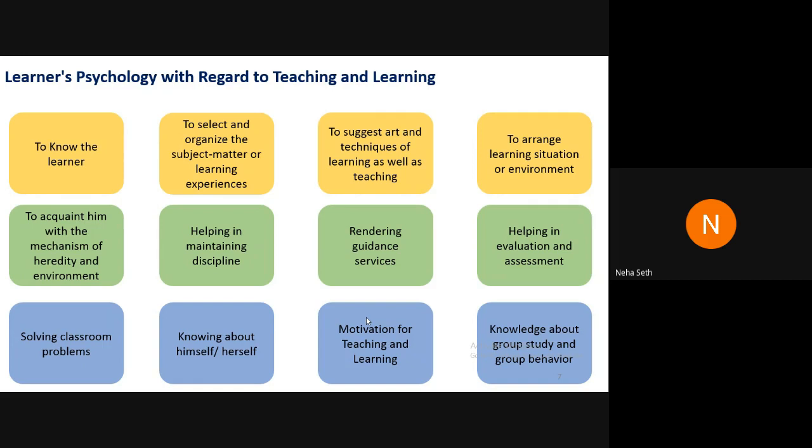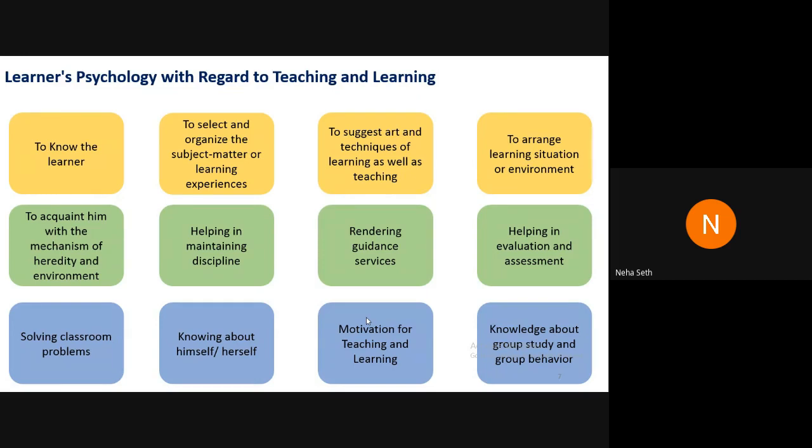Okay, so if we are ourselves involved in all this and we are trying to understand the psychology, it would be easier for us as teachers to evaluate and assess the performance of our students. Because it may happen that the student is performing pretty well throughout the semester, but at the last moment, maybe at the time of the final exam, something happened at his home, because of which he is not able to perform really well in his final exams.